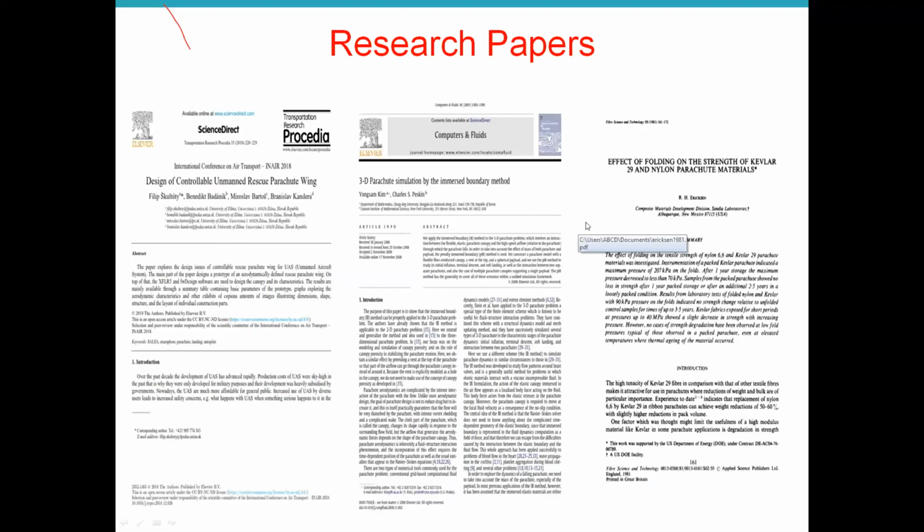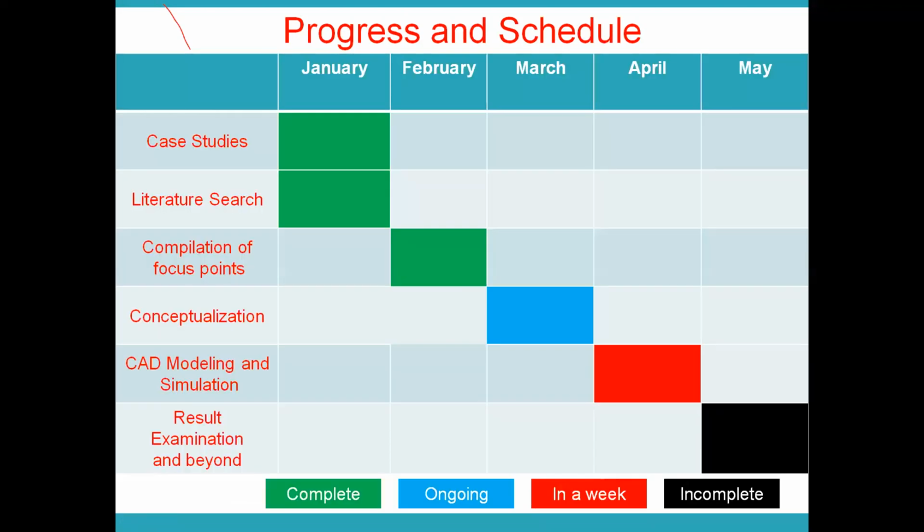So these are our schedules. This is the last slide, our progress as well as schedule, the basic Gantt chart which we have prepared. Currently, we are at the conceptualization part because we are yet to conclude the selection of materials, and we are also learning various new methods like the boundary method.